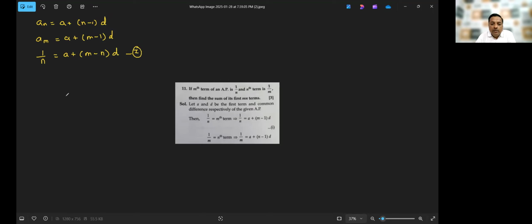Okay. Then similarly we can write its nth term is 1 by m. So the nth term, Tn, is equal to a plus n minus 1 and d. So this term, 1 by m, is equal to a plus n minus 1 and d.